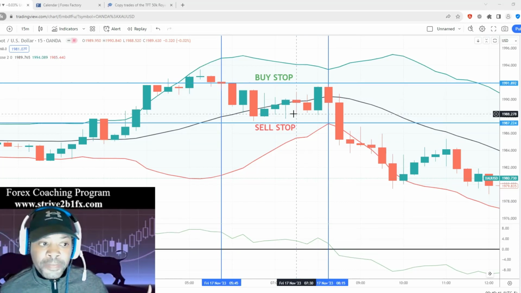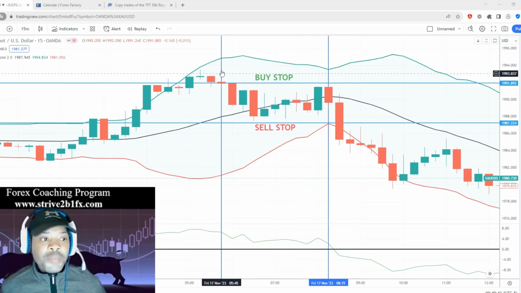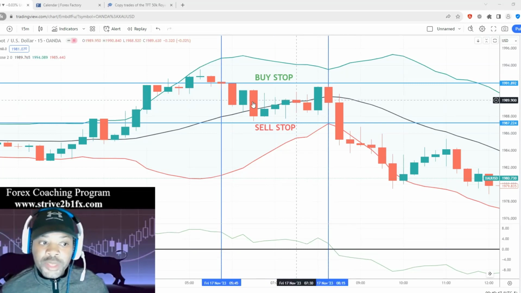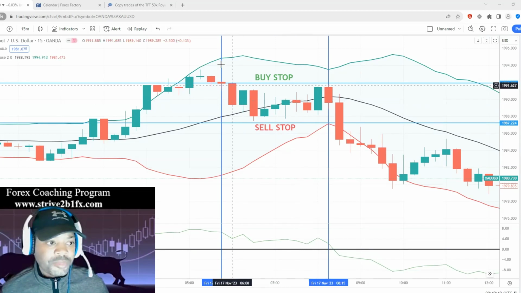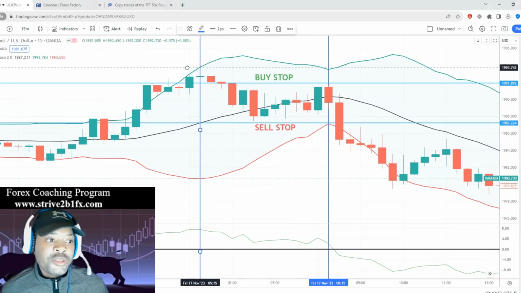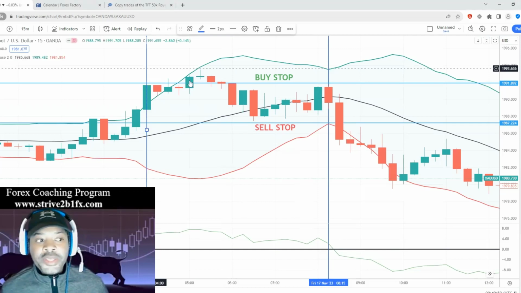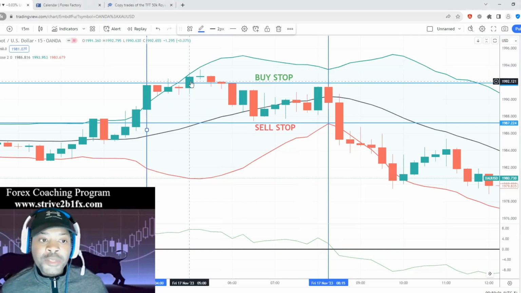Let me explain why you want to use the most recent time range. Let's say, for example, I was to use this range from back here. Now this happens sometimes based on where you live.